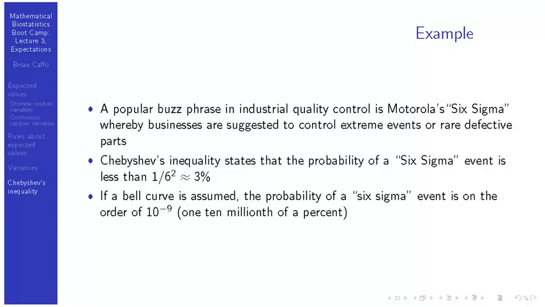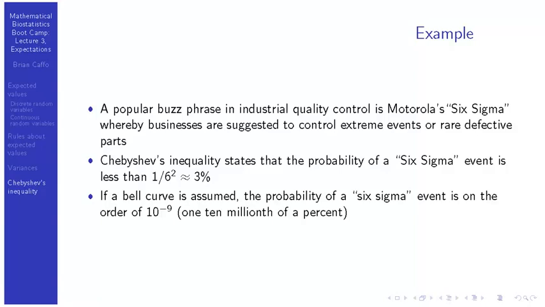The idea of having a random variable that lies 6 standard deviations above or below the mean. By Chebyshev's inequality, the probability of such an occurrence is less than 1 over 6 squared, which is about 3%. So it's highly unlikely. But again, remember, Chebyshev's is a bound that applies to all distributions.